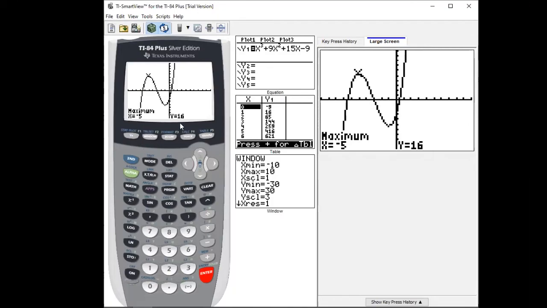Woo, yay. Now, here's the hard part. The question is, is the maximum -5 or is the maximum 16? And what I said to you was that the maximum and minimum are y values. So the maximum occurs when you plug in x equals -5.